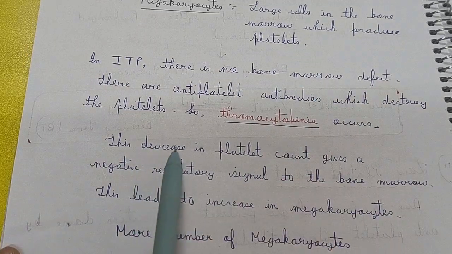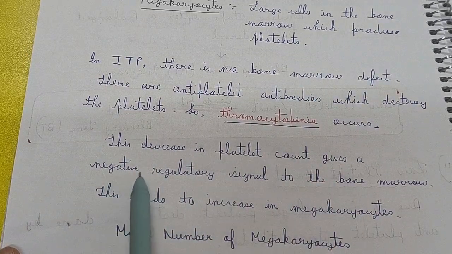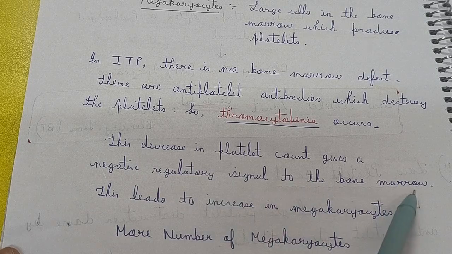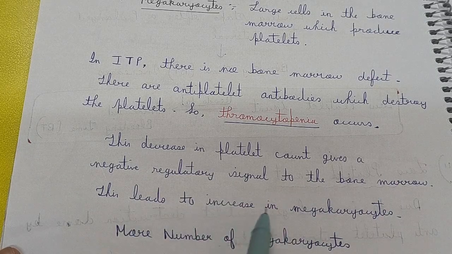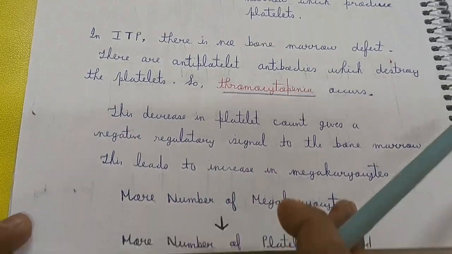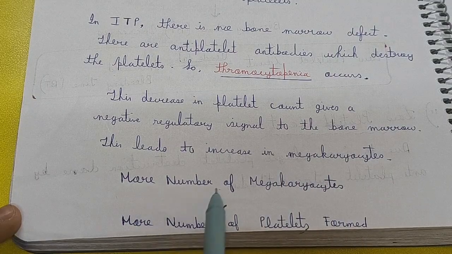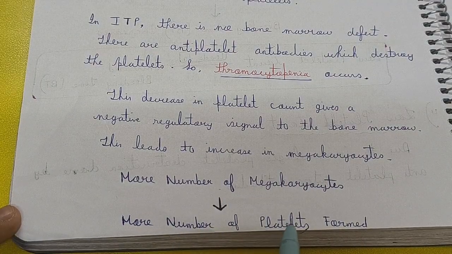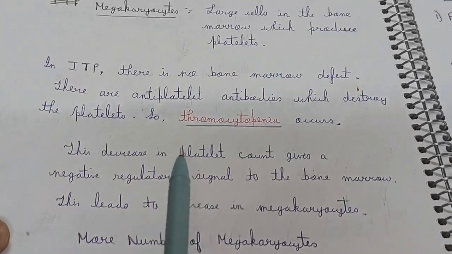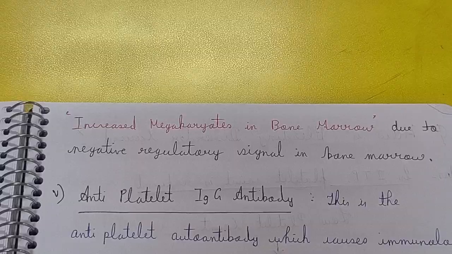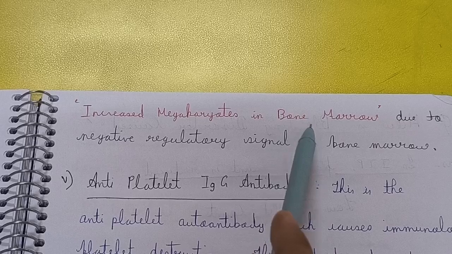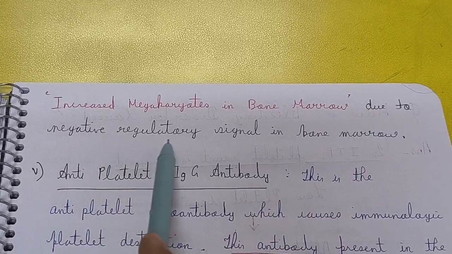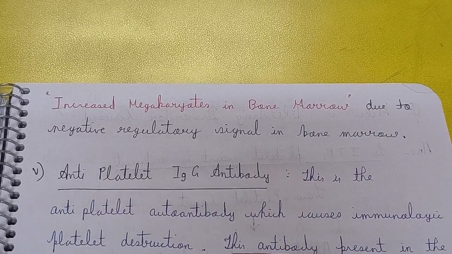This decrease in platelet count gives a negative regulatory signal to the bone marrow, and this leads to an increase in megakaryocytes. With more megakaryocytes in the bone marrow, more platelets form. So the increased megakaryocytes in bone marrow are due to the negative regulatory signal.